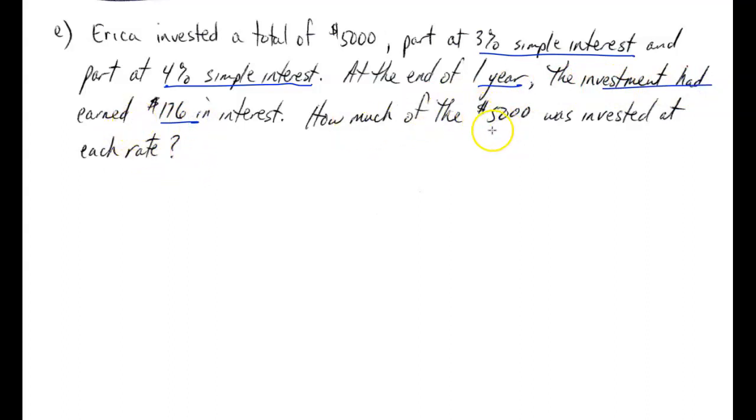And so what we want to know is how much of this $5,000 went into both the 3% simple interest investment and the 4%.